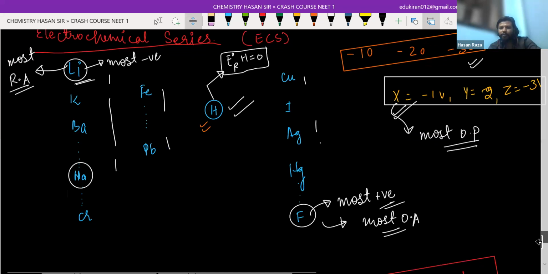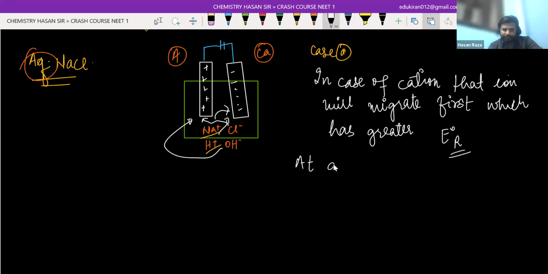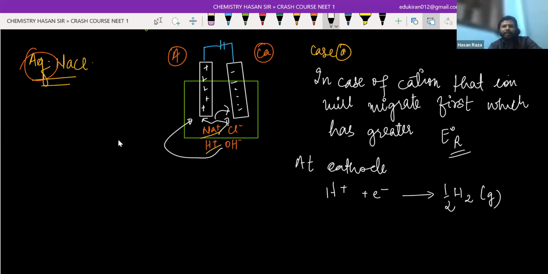So the value of E naught R of hydrogen is more. So at cathode, hydrogen will migrate to the cathode and it will reduce itself into half H2 gas. And sodium will remain as Na plus cation in the solution.